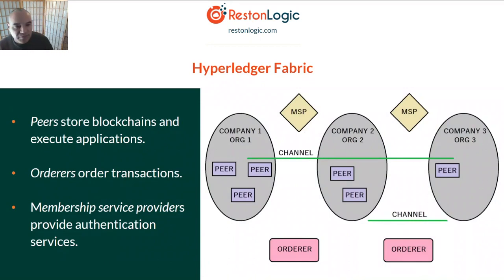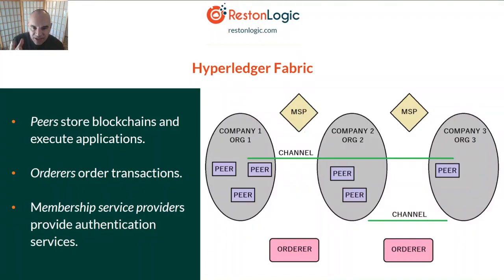All right, let me say a little bit more about the architecture of a Hyperledger Fabric network. In this diagram, you see 3 companies, and typically each company will form a Hyperledger Fabric organization.